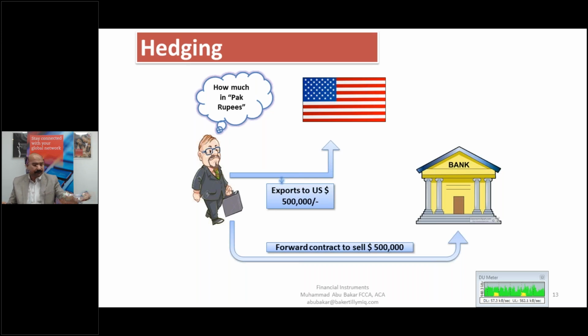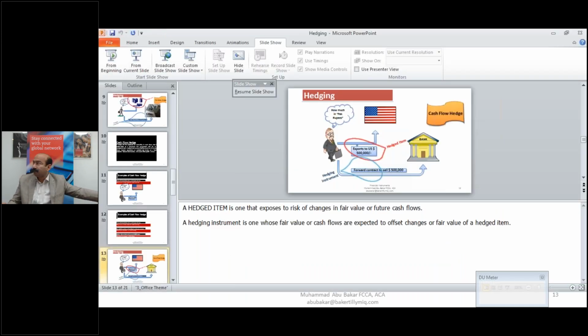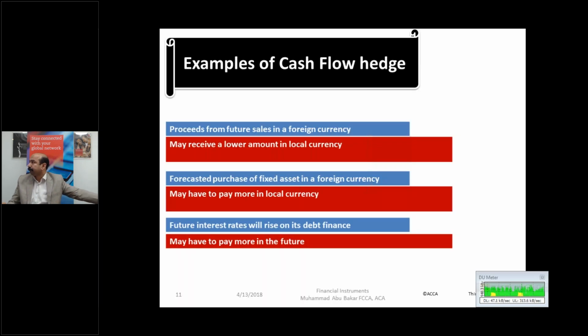Second example is forecasted purchase of a fixed asset in a foreign currency. May have to pay more in local currency. And similarly, the third one is future interest rate will rise on its debt finance, may have to pay more in the future.